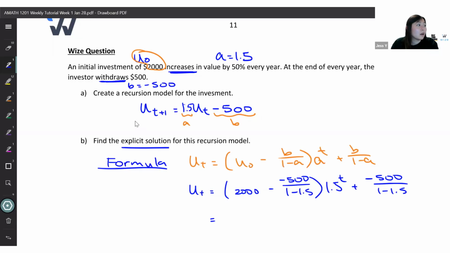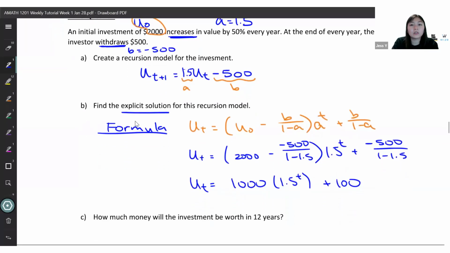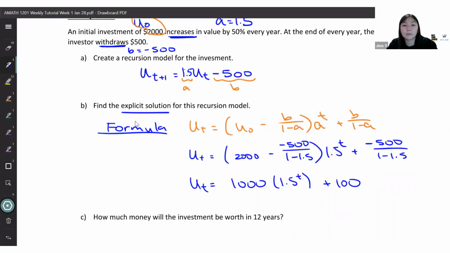I'm going to skip the algebra here and just give you guys the final answer. If you run into problems though, if you can't get my answer, please, please, please email me and I will help you through it, okay? But just to save us time, this is the answer once you simplify and crunch all those numbers up.